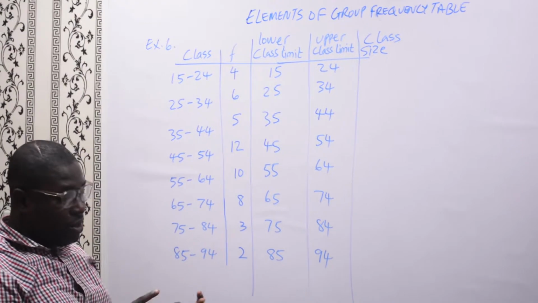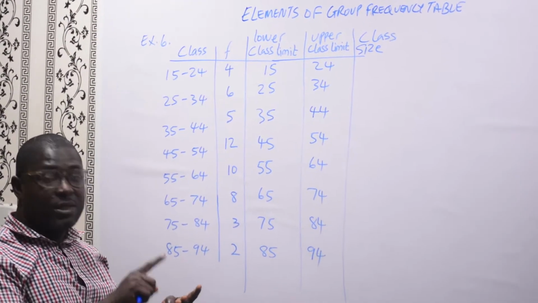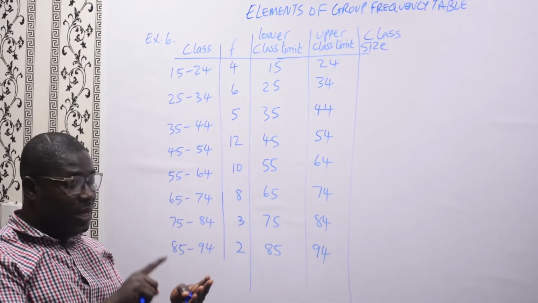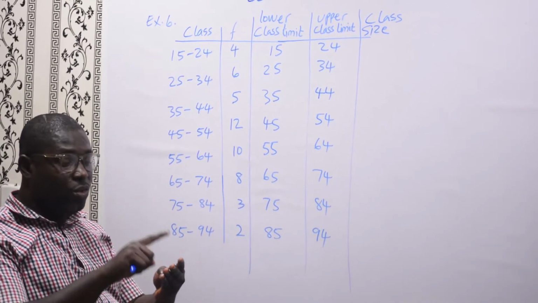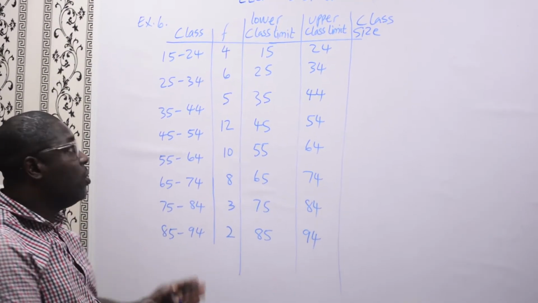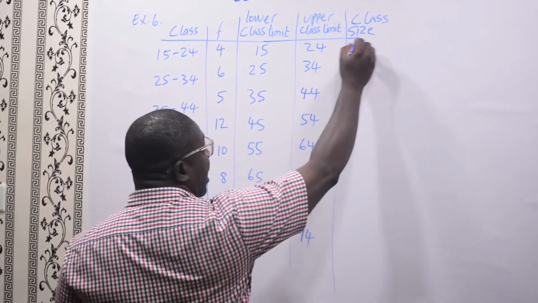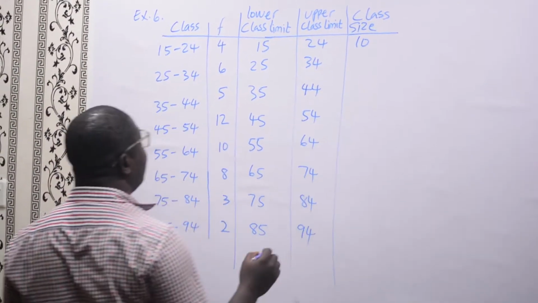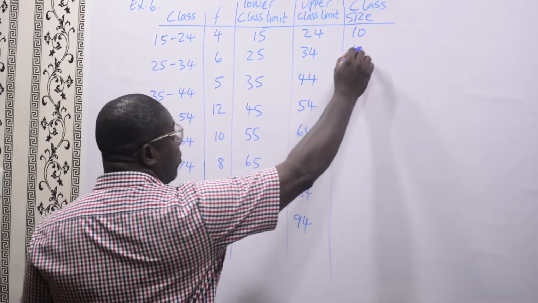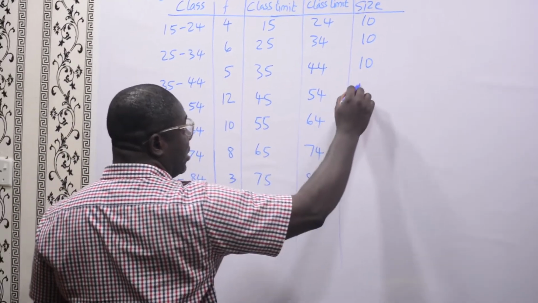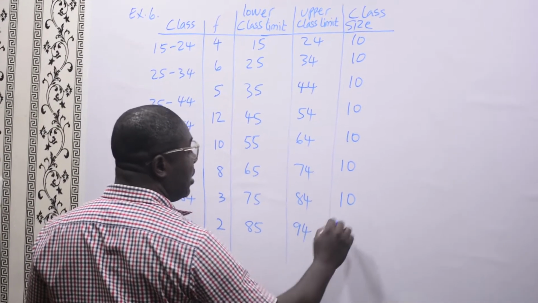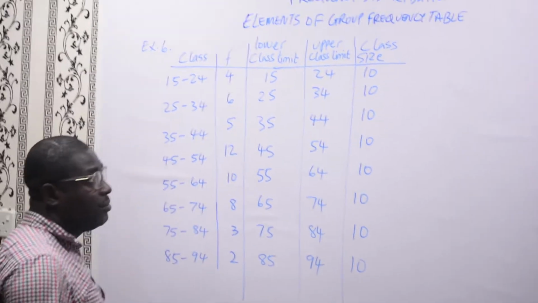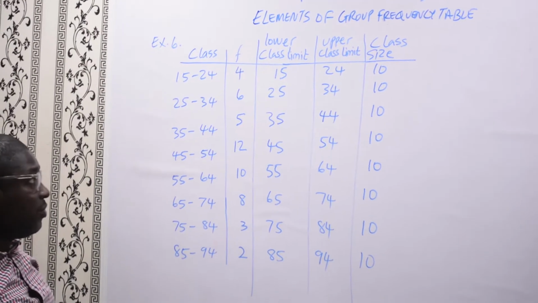So let's count: 15, 16, 17, 18, 19, 20, 21, 22, 23, 24. So for the first class it is 10, and for each of all the classes, we have 10. So the class size is 10.